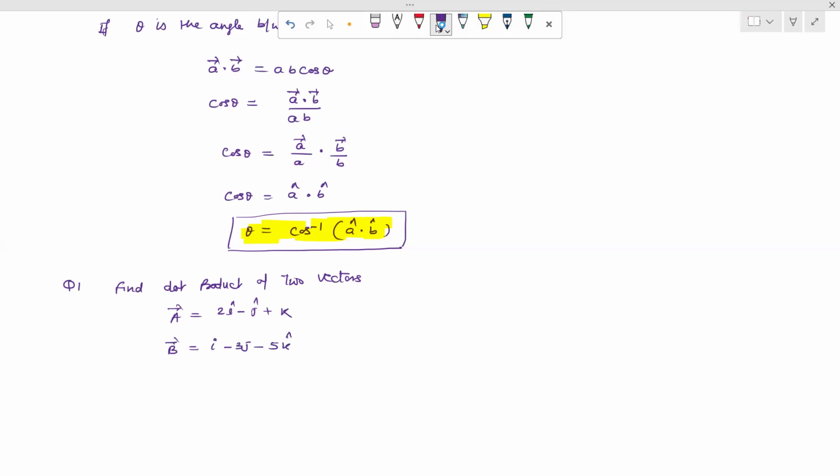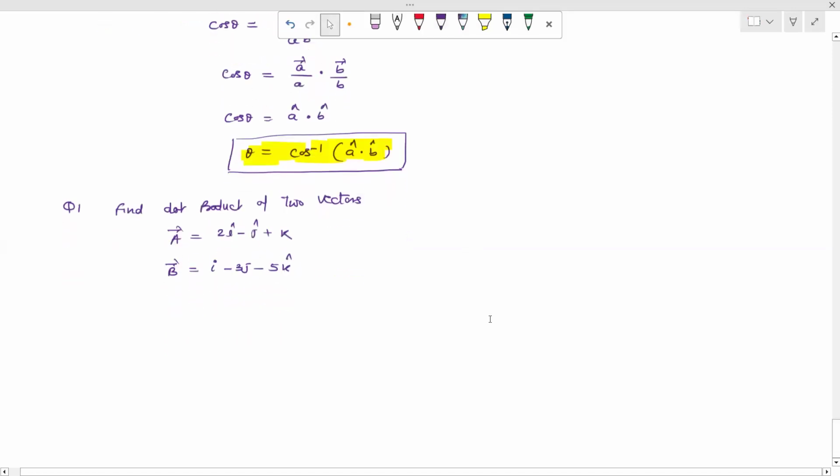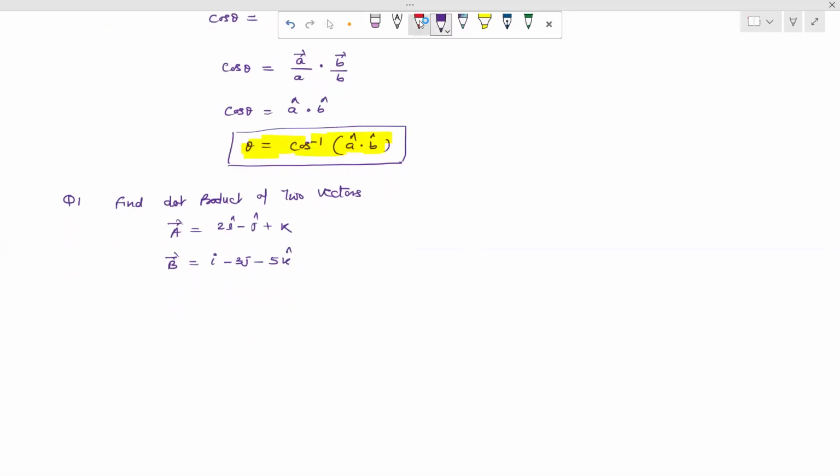For solving such type of problems, first we discuss one case. What will be the case? First we have to discuss the orthogonal vector field.